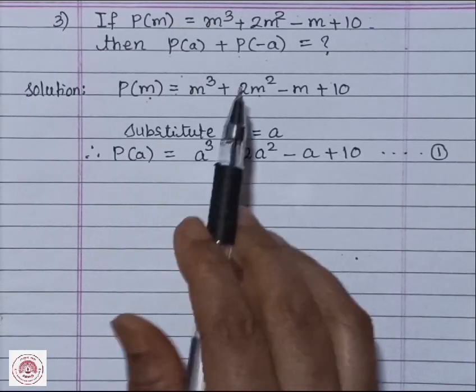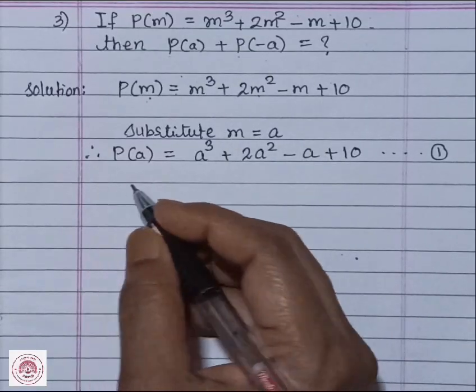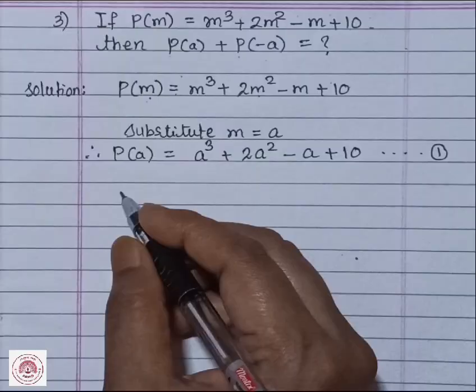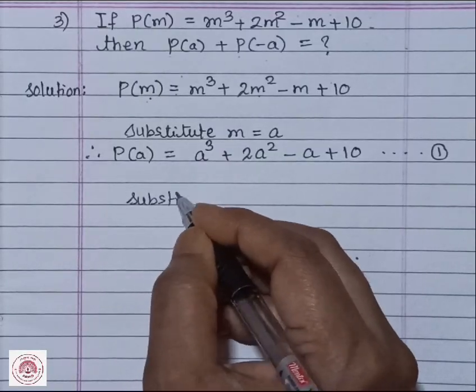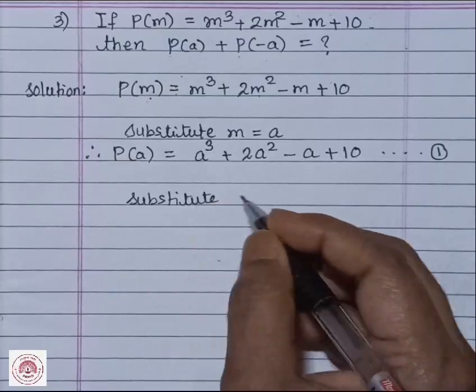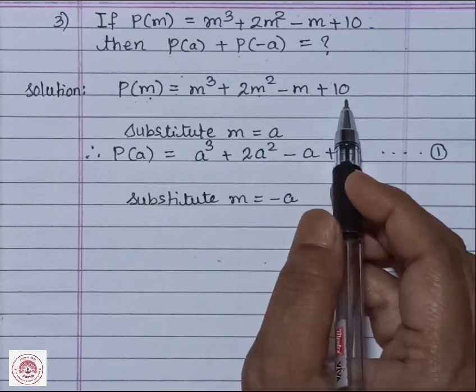Okay, now we have to find P of negative a. To find P of negative a, we have to substitute m equals negative a in the given polynomial.